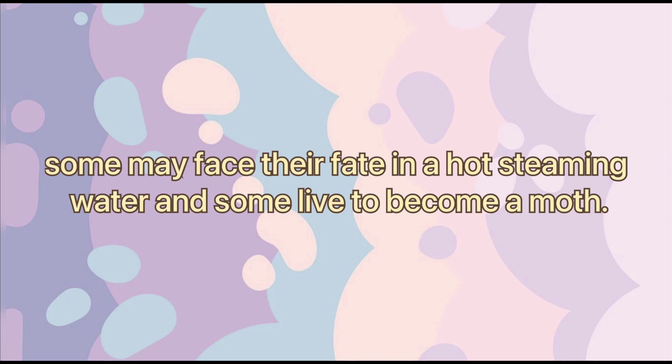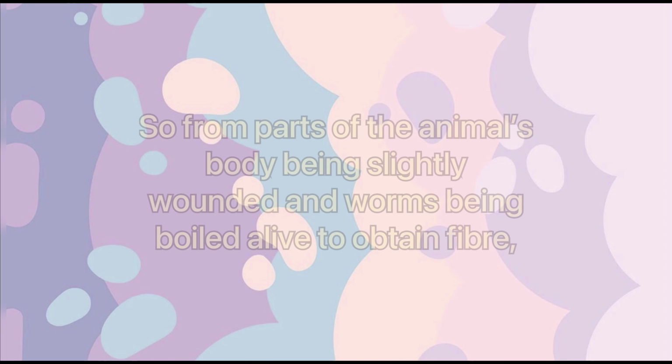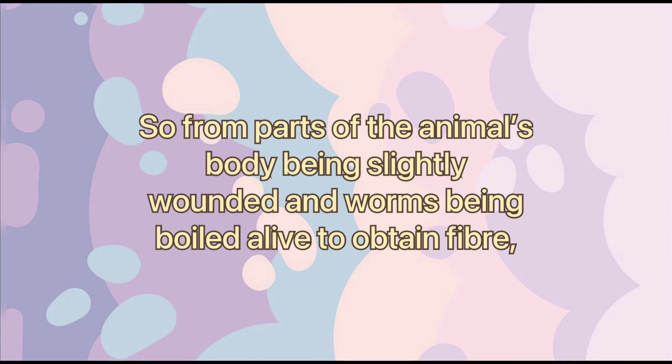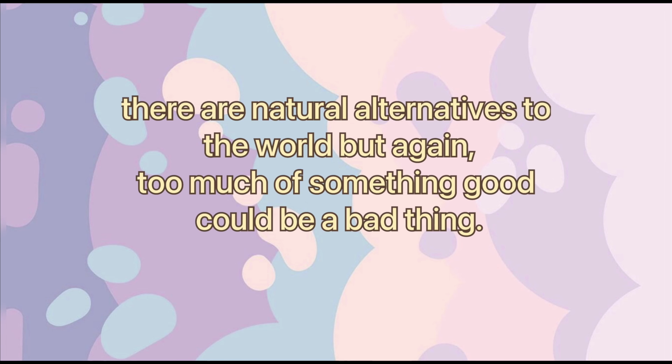So many face their fate in hot steaming water, and some live to become moths. So, from parts of the animal's body being wounded and worms being boiled alive to obtain fiber, they are natural alternatives to work, but again, too much of something good could be a bad thing.